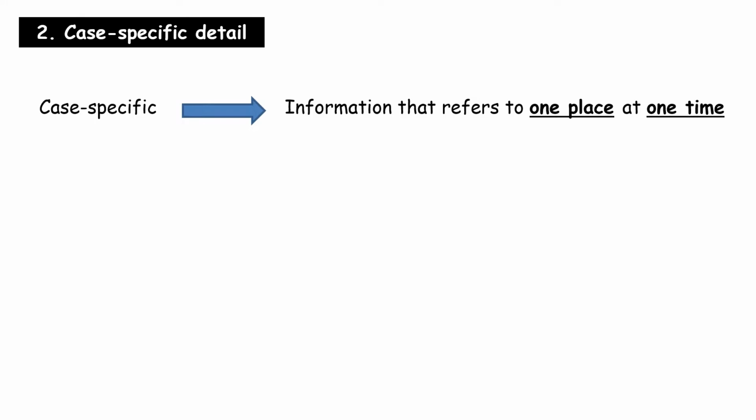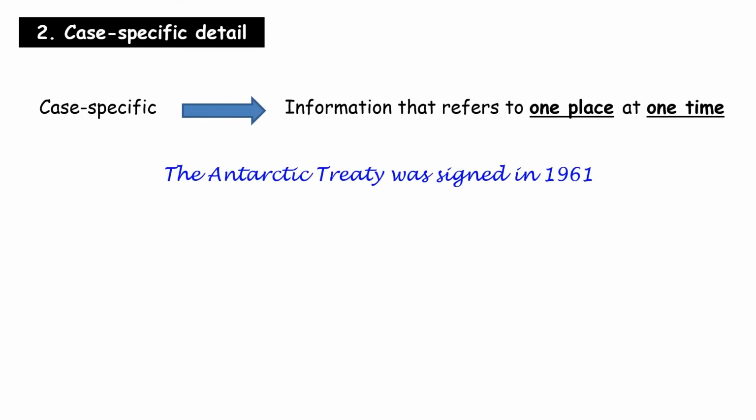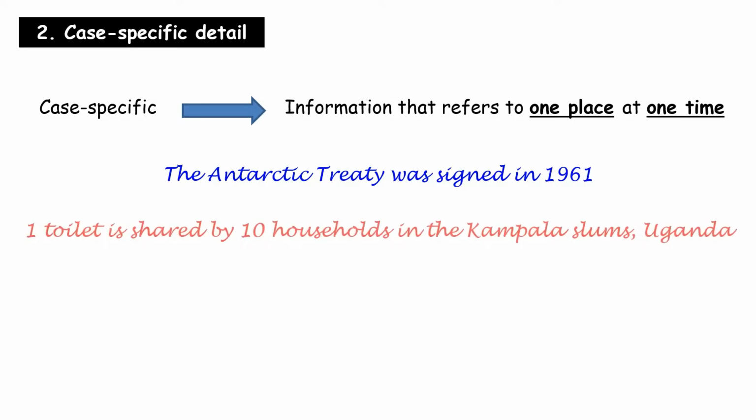Now we also need to include case-specific detail, which means information referring to one place at one time. So when you're answering a question, try to put a number in, either the year something happened or how big it was on the Richter scale or the precise number of people who died. How about the Antarctic Treaty? Yeah, fine. The minute you say it was signed in 1961, that is case specific.